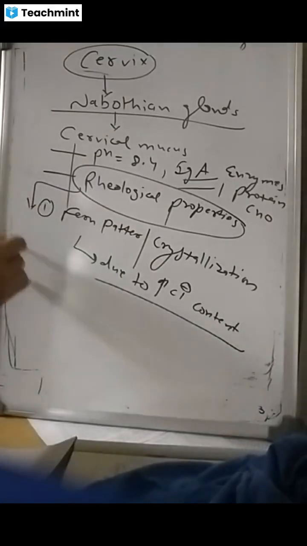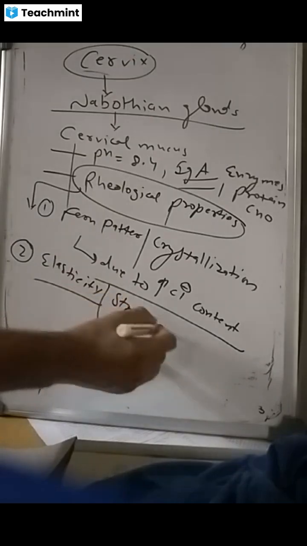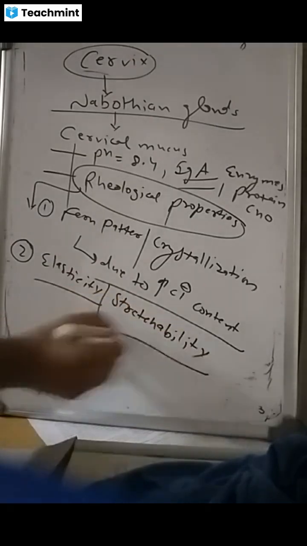Number one is the fern pattern, or crystallization. This is due to high salt content. Sodium chloride gets crystallized. Number two, elasticity, that is also known as spinnbarkeit, the ability to stretch the cervical mucus.